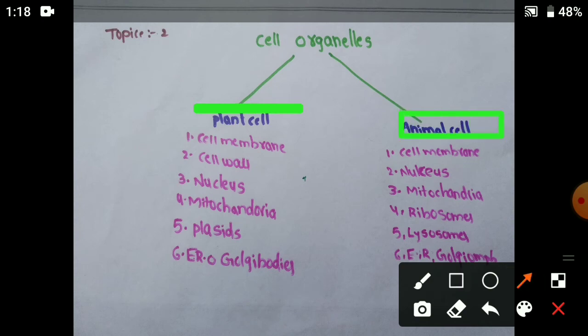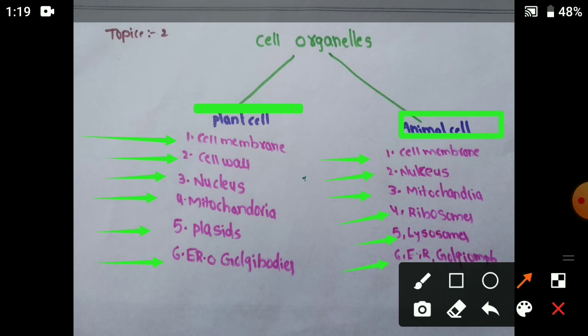First we see the plant cell: cell membrane, cell wall, nucleus, mitochondria, plastids, ER, Golgi bodies. And we will see the animal cell: cell membrane, nucleus, mitochondria, ribosomes, lysosomes, ER, Golgi bodies.